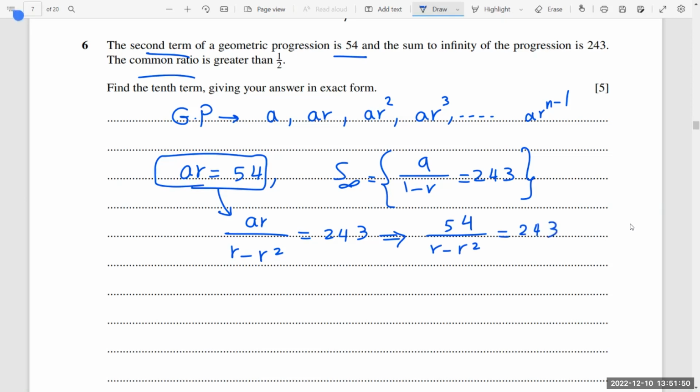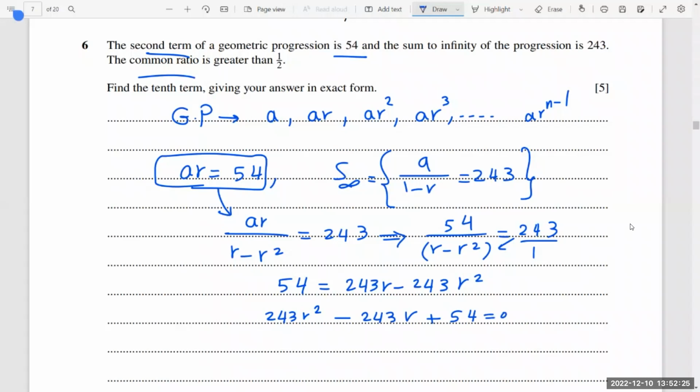By cross multiplication, product of means equals product of extremes, I have 54 equal to 243 times R minus R squared. So 243R minus 243R squared. Arrange this equation to get 243R squared minus 243R plus 54 is equal to 0.